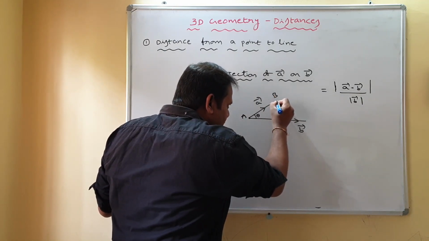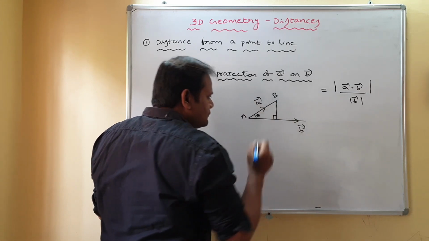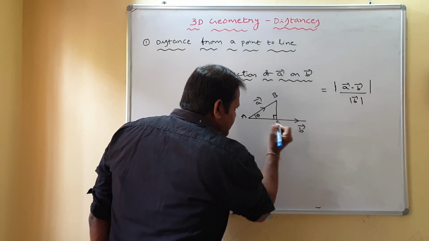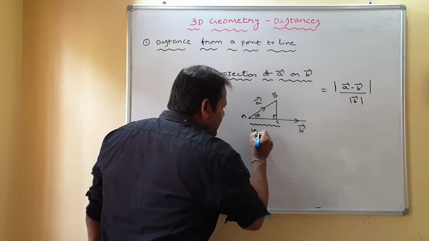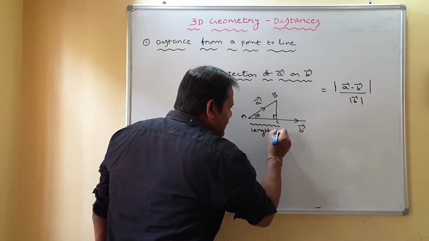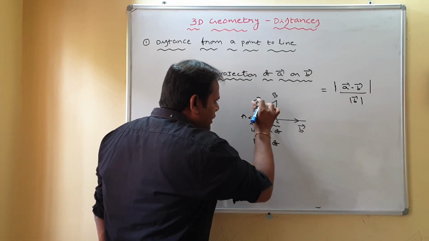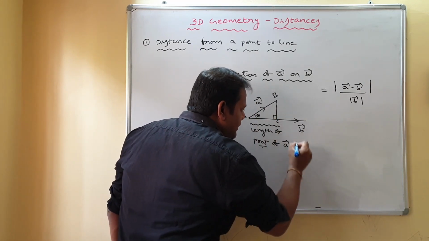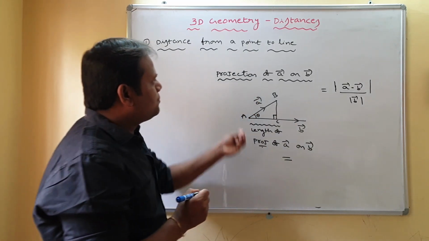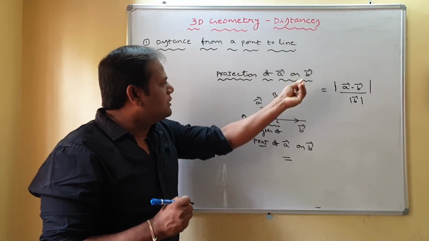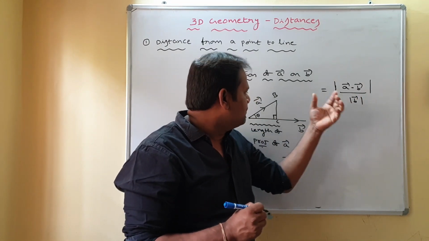Suppose the foot of the perpendicular is C. Now this length AC is called the length of the projection of the vector a bar on the vector b bar, which is a bar dot b bar by mod b bar.